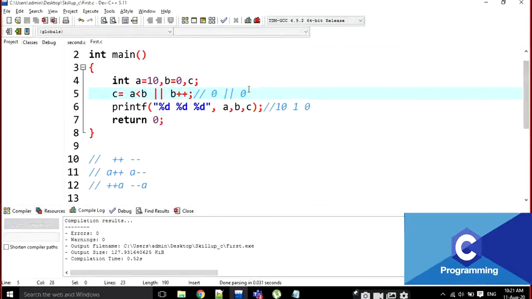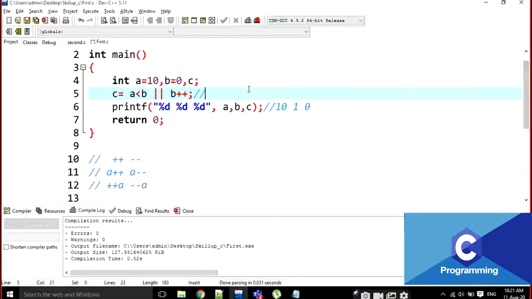Okay, C becomes zero. After this statement, when this is going into the next statement, the B becomes plus plus. What is B now? 0 plus 1, 1. That's why this is a 10, no doubt. And this is going to be incremented after the second line and before the third line, B becomes 1.